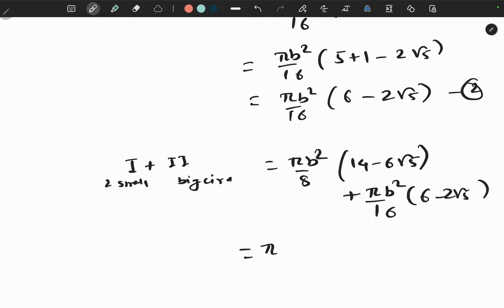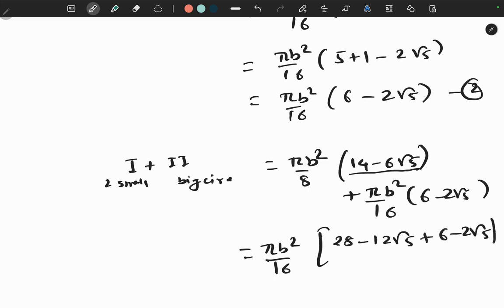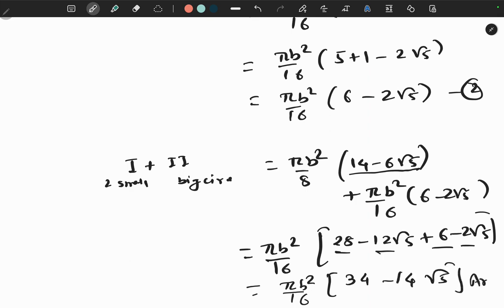Now if we take pi b square by 16 common, 8 is here, so it will get multiplied by 2: 28 minus 12 root 5 plus 6 minus 2 root 5. So pi b square by 16 times, 28 and 6 will be 34, 12 and 2 will be 14. So 34 minus 14 root 5. This will be your answer.